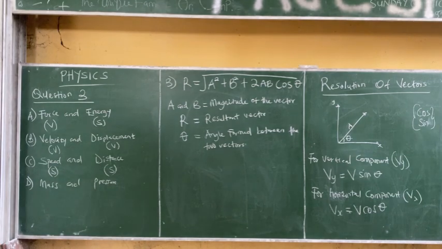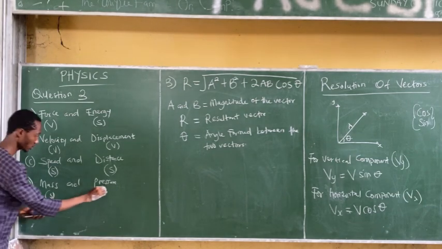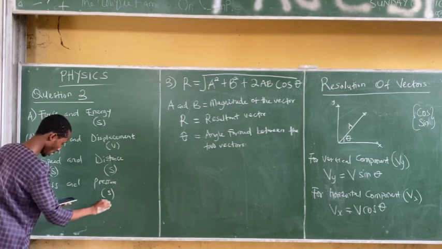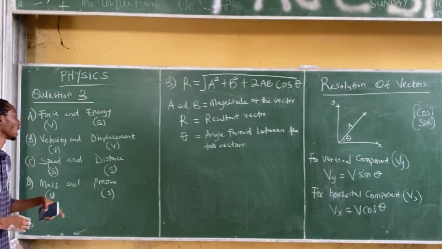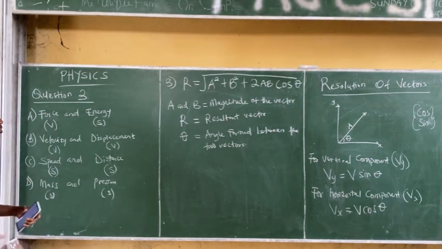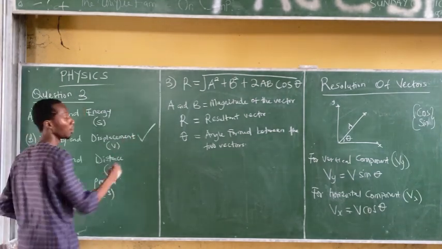They have only magnitude without direction. Now the question says, which of the pairs are both vector quantities? The correct option is option B. Velocity and displacement are both vector quantities. So this is the correct option.